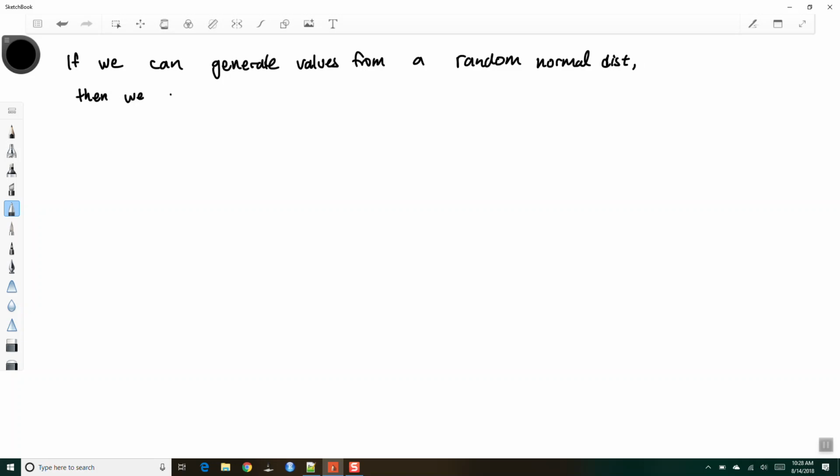So if we can generate a random normal, we can also get values from a bivariate normal.